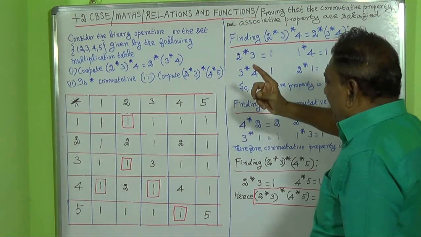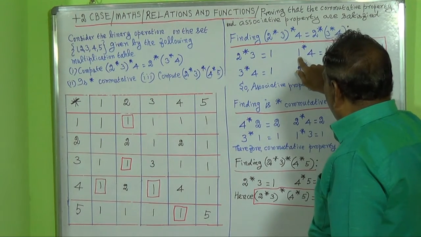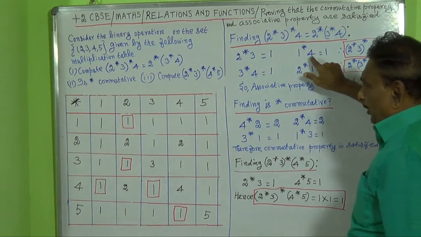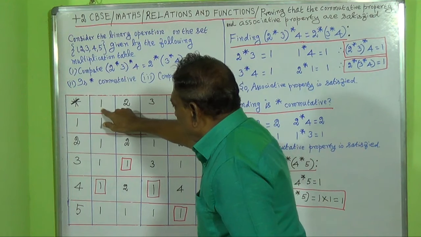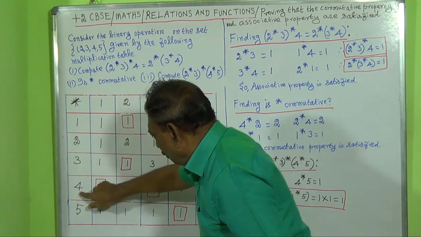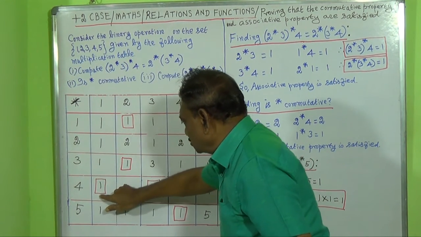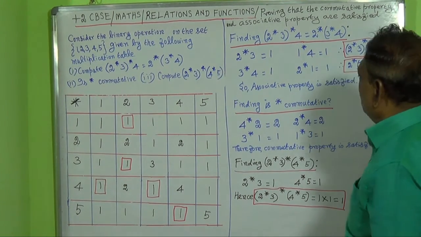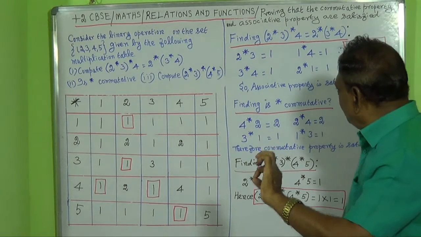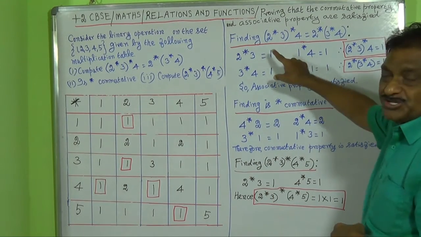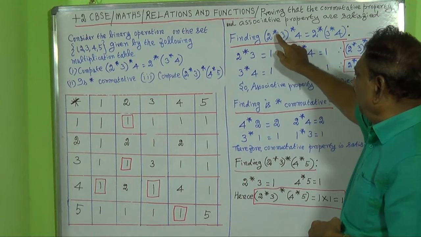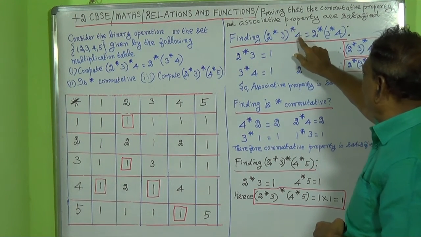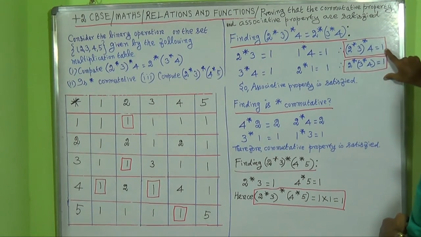Then the result 1 is operated with 4. If 1 is operated with 4, we get the result 1. So for the left side expression, (2 * 3) * 4 is equal to 1.